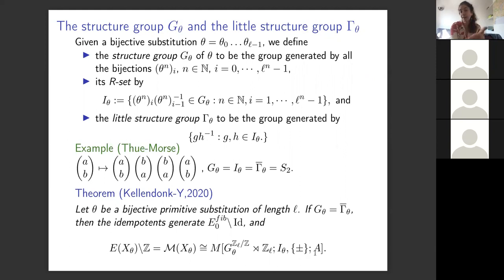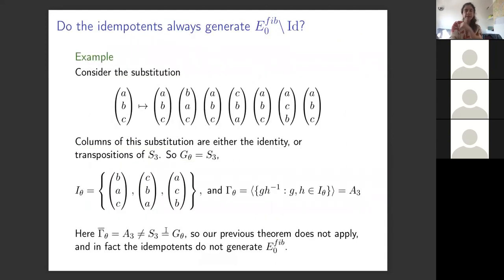In this description, there's no gamma theta, because gamma theta bar equals G theta, so no need for it. In fact, this is an if and only if: G theta equals gamma theta bar if and only if the idempotents generate the fibered semigroup.